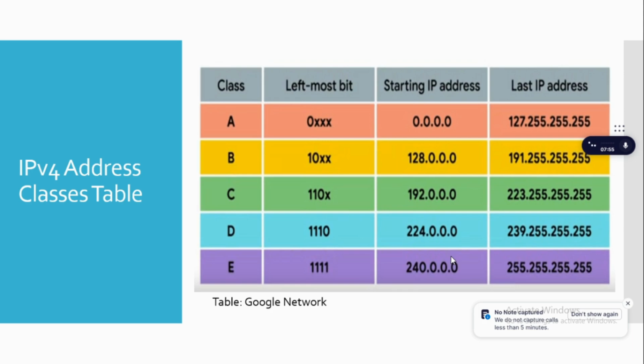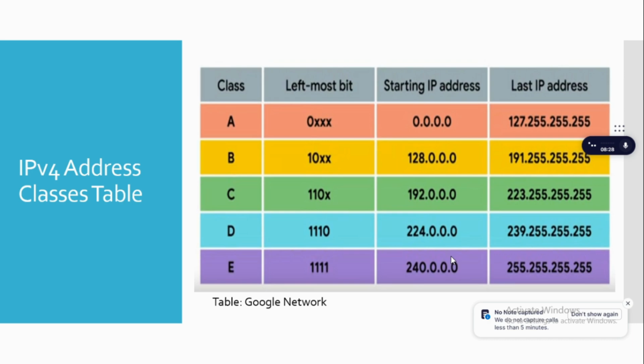For class B, the leftmost bits are 10 and the starting IP address is 128, and it ranges to 191. For class C, the leftmost bits are 110 and the starting IP address is 192, and it ranges to 223. For class D, the starting IP address is 224.